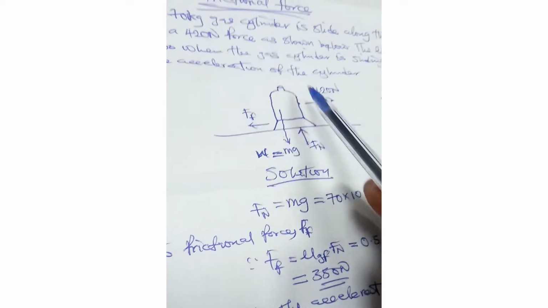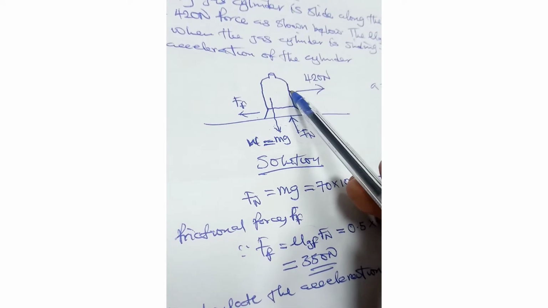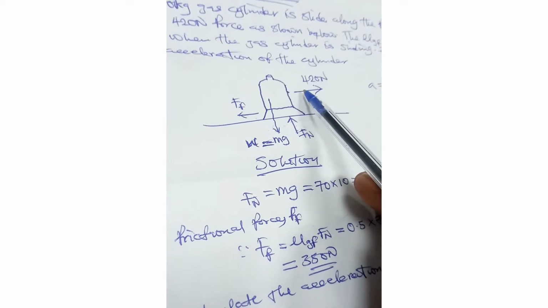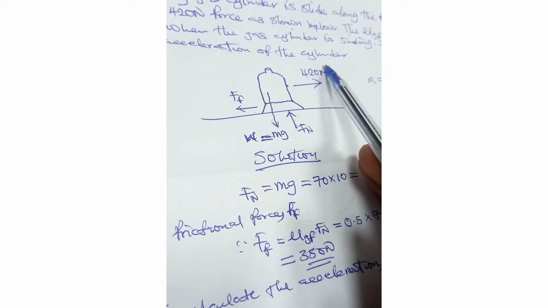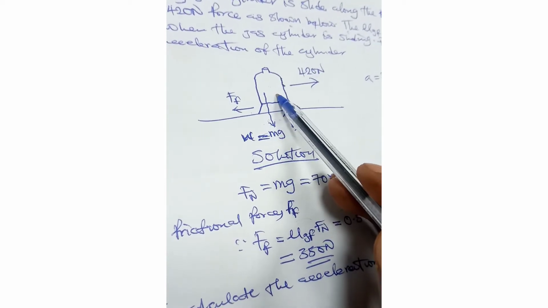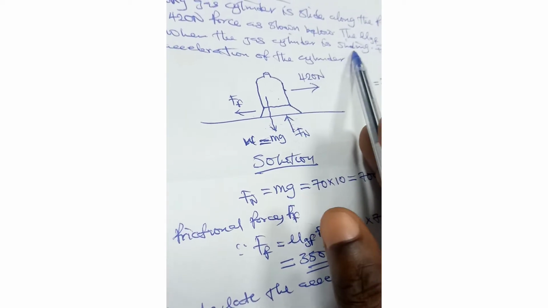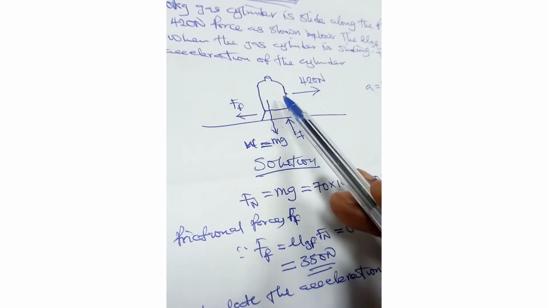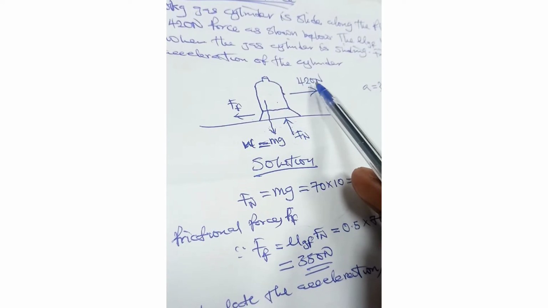Look at this diagram very well. The question says we should calculate the acceleration, meaning this force being applied to this object causes it to move. And that was why it is stated in the question that after the force has been applied to it, the object is in a sliding motion.